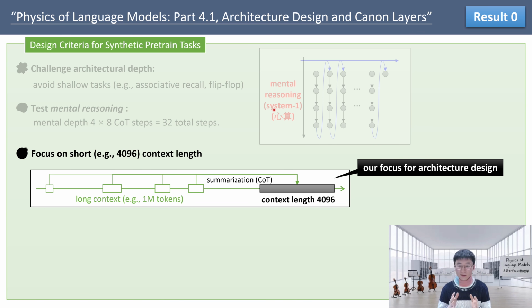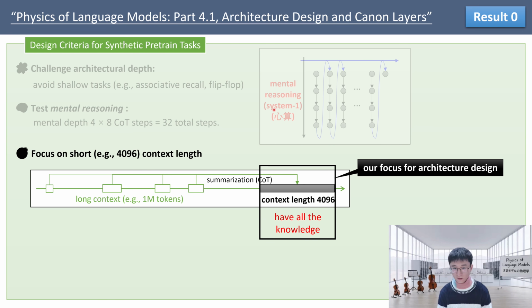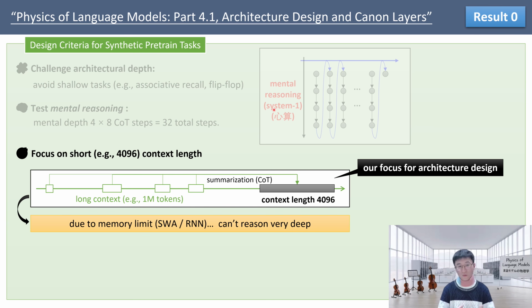So this is the part we actually care about in architecture design. That is, once you have all the knowledge about this entire context, can I perform some deep reasoning inside this range?